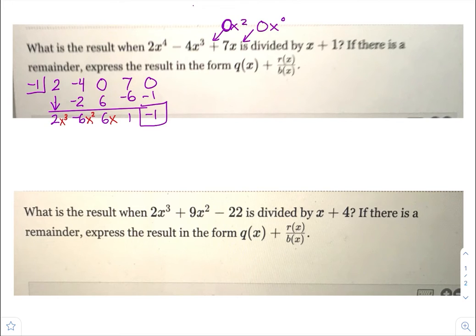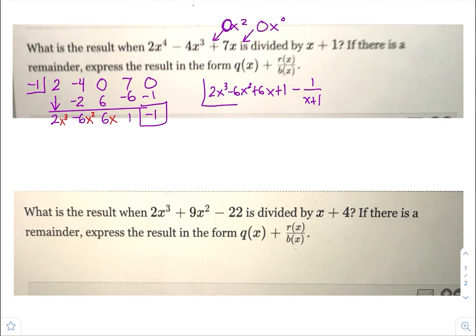Sorry about that. So we're going to have 2x to the third minus 6x to the second plus 6x plus 1. Now we have a remainder of negative 1, right? So since we have a remainder of negative 1, we put minus 1, because that's negative 1, over the polynomial we were dividing by, which was x plus 1.